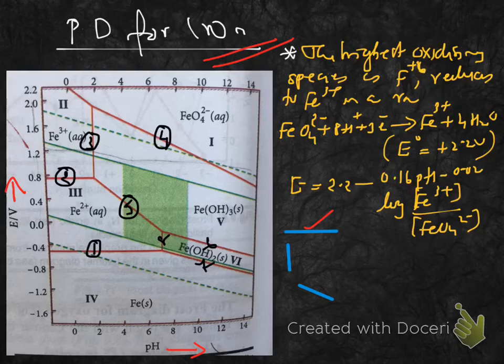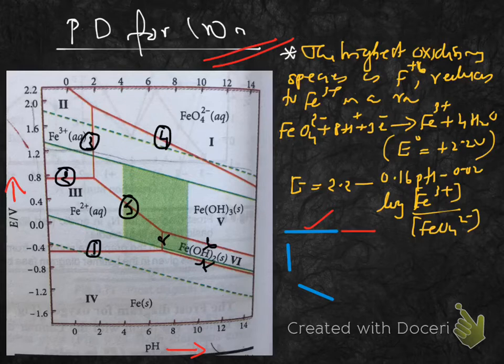Among 4 kinds of reaction, we have included 3 kinds in this diagram, and among that 3, the reactions which are independent of pH can be represented by this horizontal line.